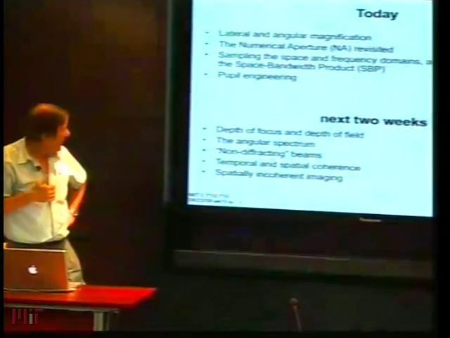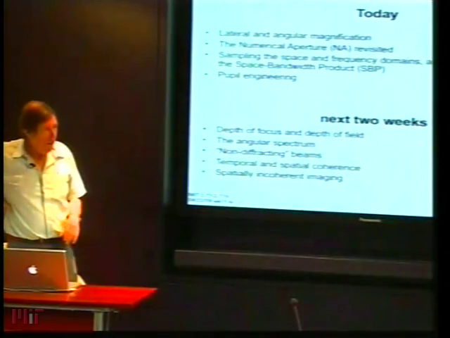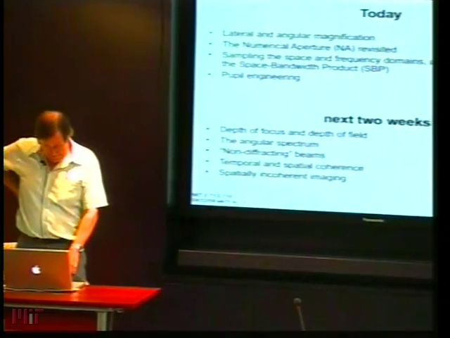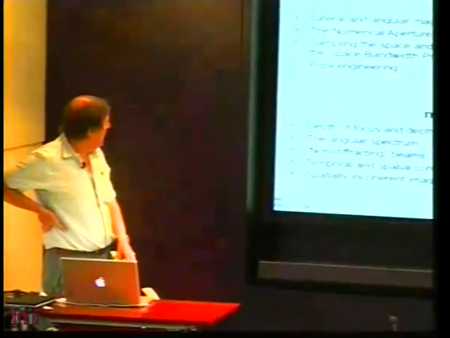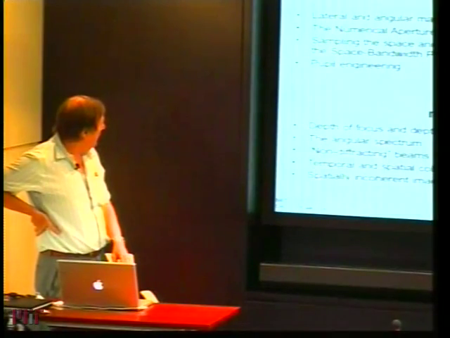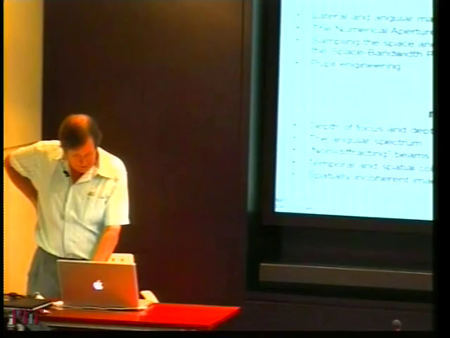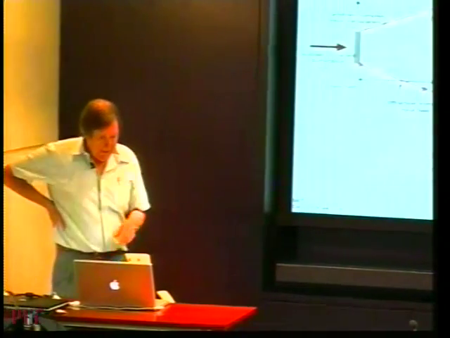Okay, so now we're up to today. Really today we're going to carry on talking about the same sort of stuff, I think, is the simplest way to describe it.